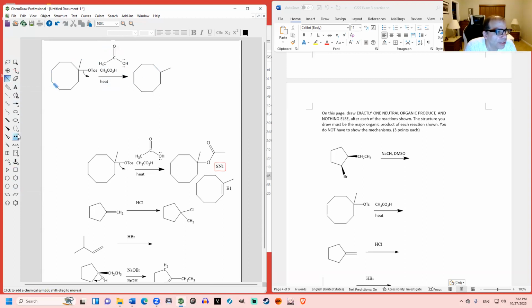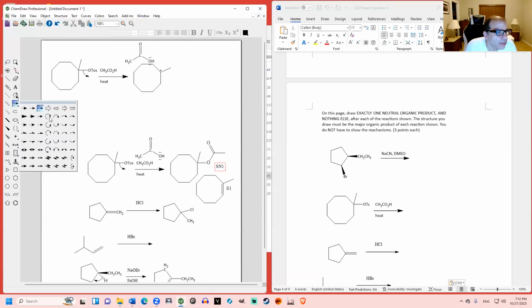And you get this tertiary carbocation. And in the next step, the acetic acid attacks. So it attacks from that oxygen.